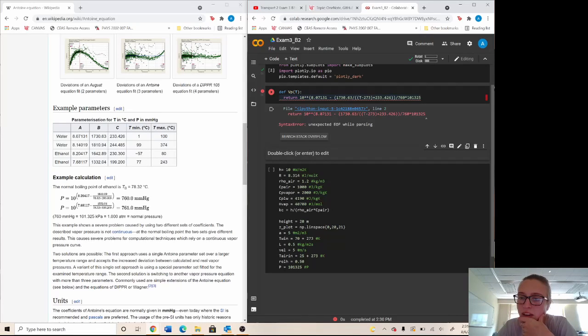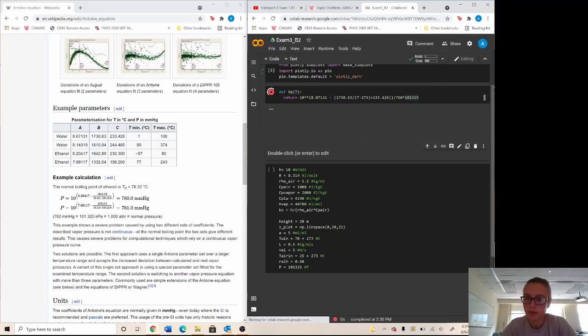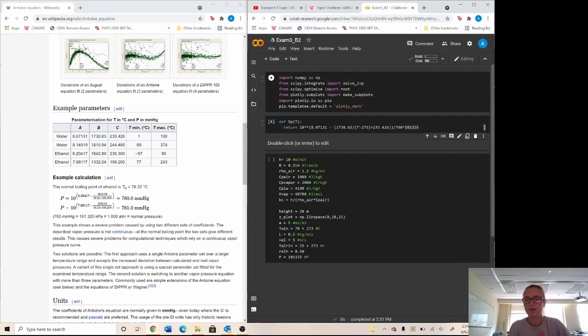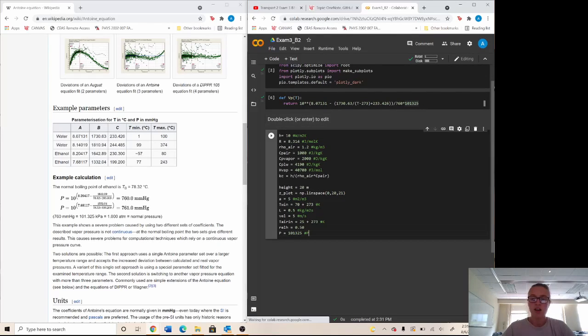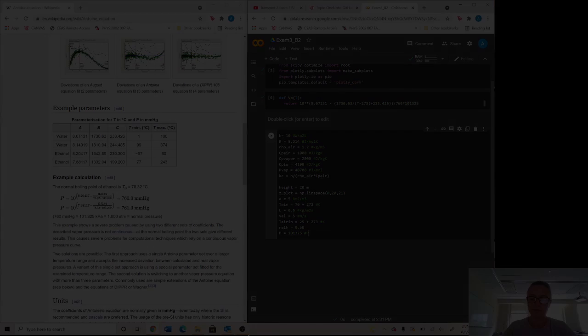These parentheses match. Okay, that fixed it. So that will return the vapor pressure at any given temperature. And then we will move on from here.